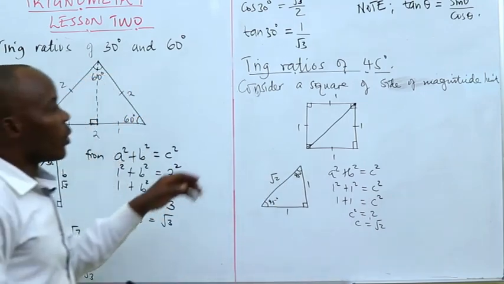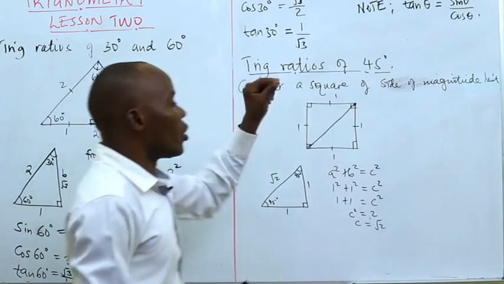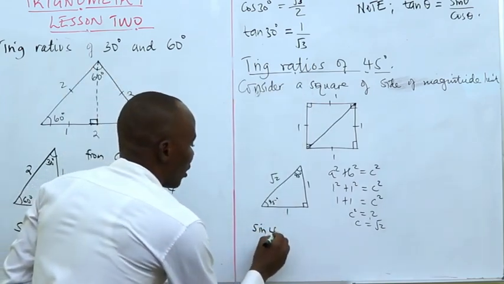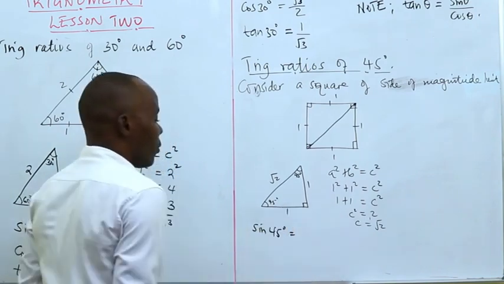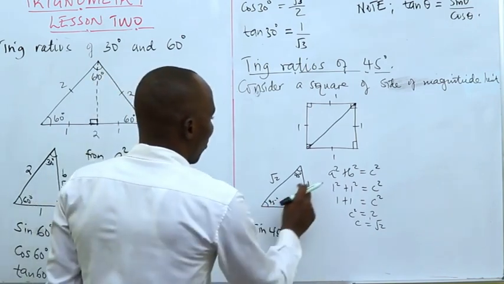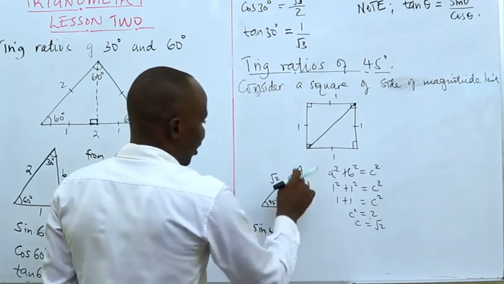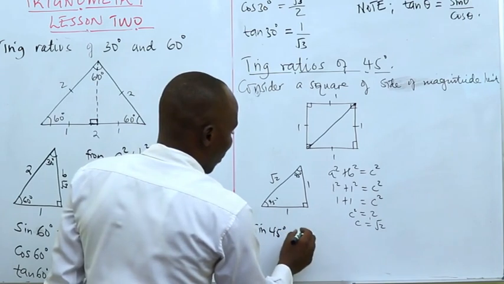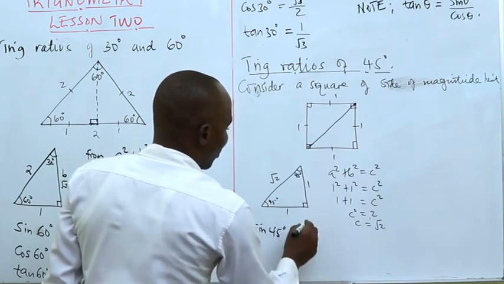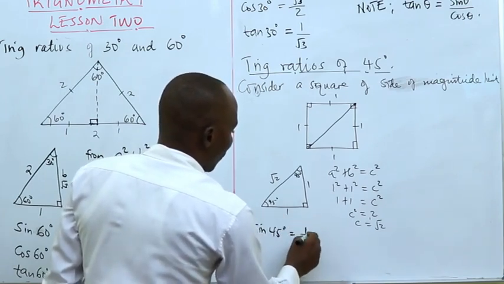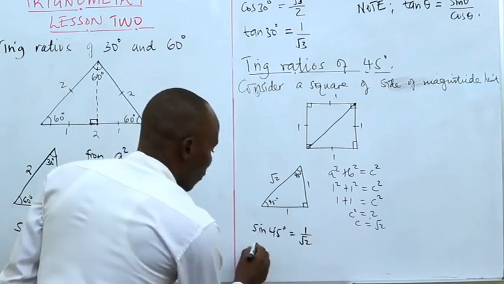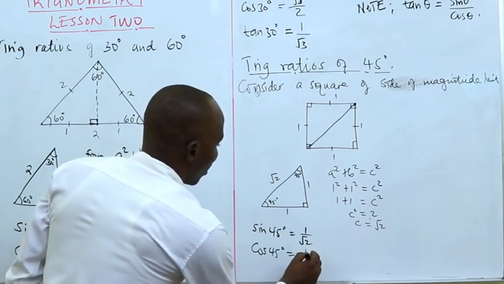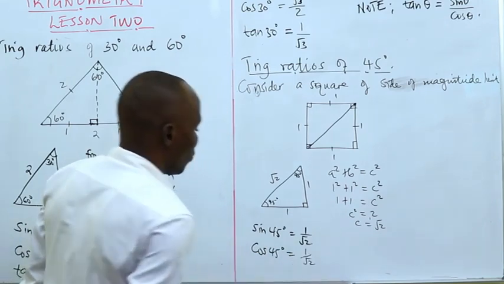So we are talking of the trig ratios of 45 degrees. That means we need sine 45. Sine 45, we have opposite of this angle, even if we use this because we have 45. So for 45, the opposite is 1 over the hypotenuse. Cos of 45 degrees, this one is also 1 over root 2.